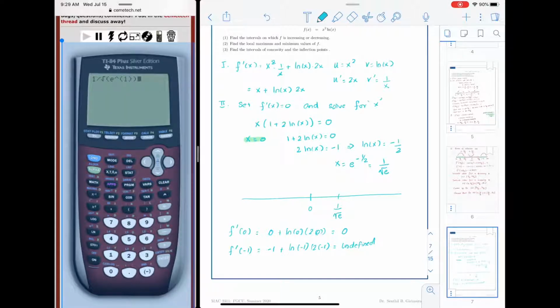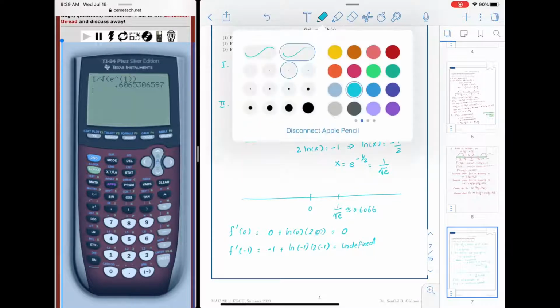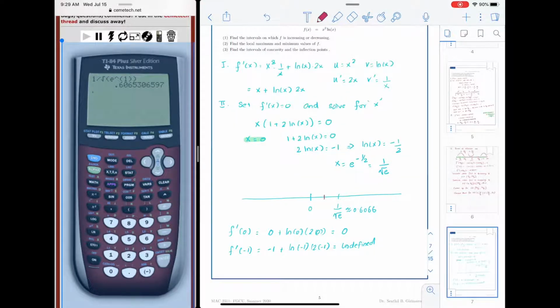It just puts e raised to 1. I get 0.6066. So the test value that I can pick is 0.5. Let's plug in 0.5 and see what happens.